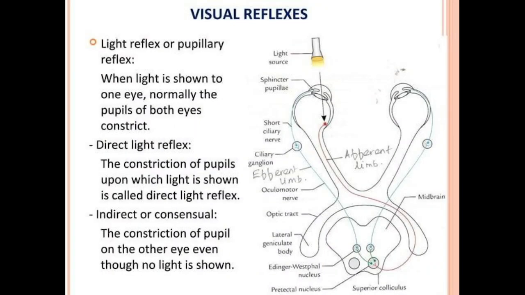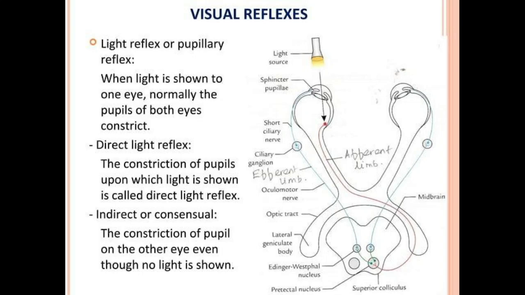Visual reflexes. The light reflex, also known as the pupillary reflex, is a reflex that controls the size of the pupil in response to changes in the light level. The reflex is controlled by the autonomic nervous system and involves the constriction or dilation of the pupil. When the light level changes, specialized cells in the retina called photoreceptors send signals to the brain.